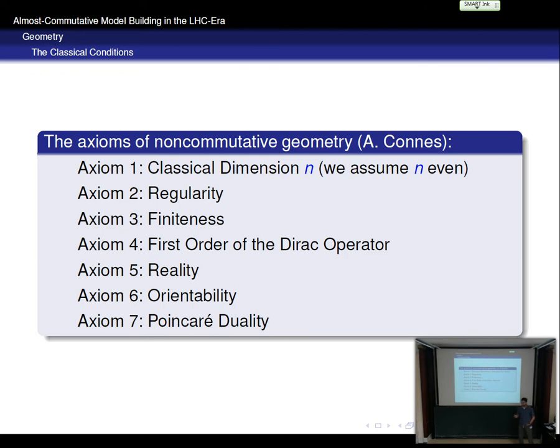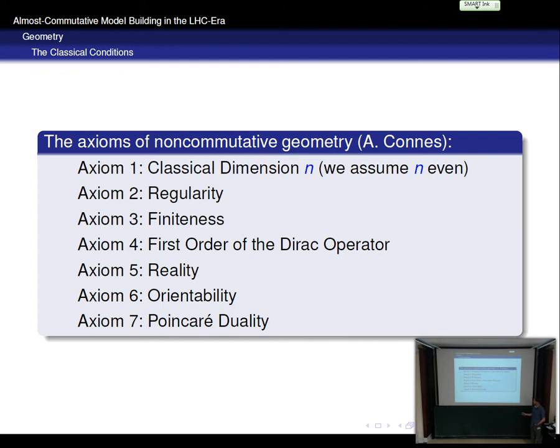I'm lying here, because I'm keeping the orientability a bit under the rug. There's one particle which always fits badly into the soup when it comes to orientability, which is the right-handed neutrino. Since we probably need right-handed neutrinos, perhaps orientability is an axiom one should sacrifice, but it is also an axiom one should sacrifice in the normal standard model without going beyond.